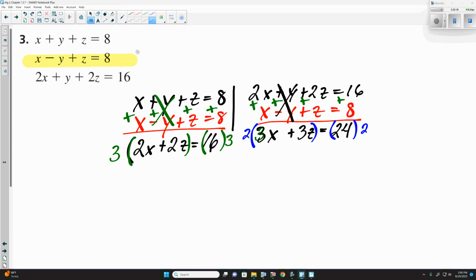And if we distribute this, 3 times 2x is going to be 6x. 3 times 2z is going to be plus 6z. And 16 times 3 is 48.